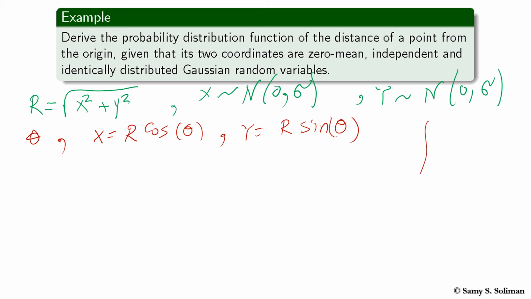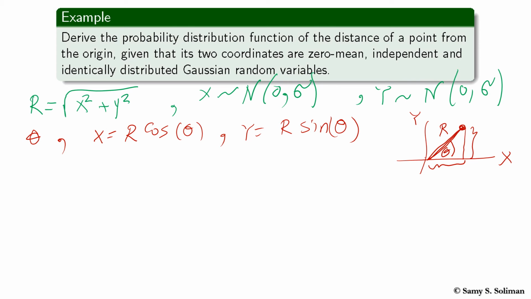So as if this is the x coordinate and this is the y coordinate, and this is a point in a space, so its distance from the origin is equal to r, and this is the angle theta, so the x coordinate is r cosine theta and the y coordinate is r sine theta.